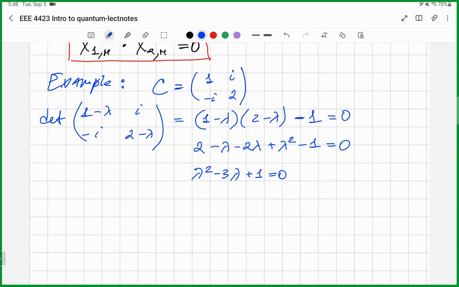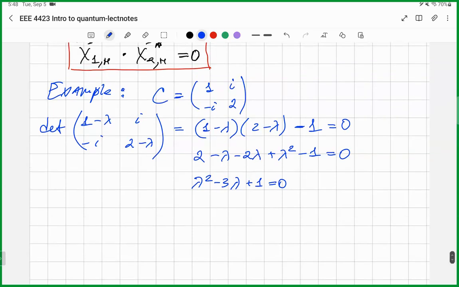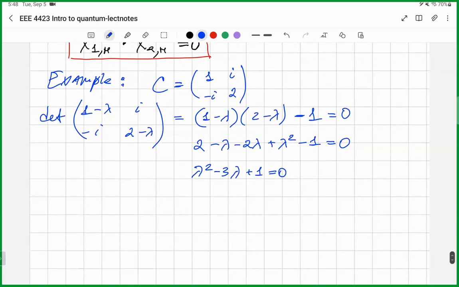Is this even right? 1 times 2, 2. 1 times minus lambda, then minus lambda times 2, minus 2 lambda, and plus lambda squared. Let me see. Okay, it looks good.